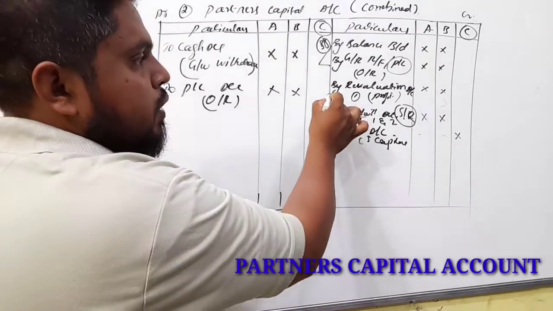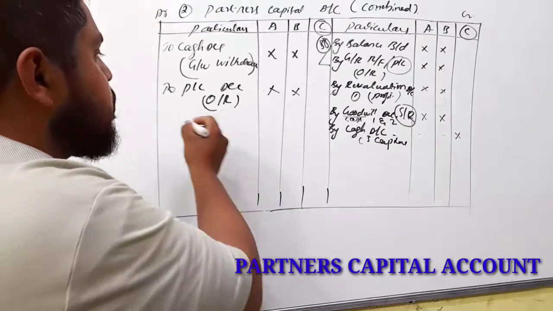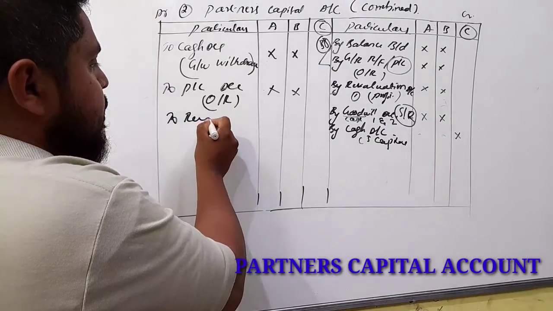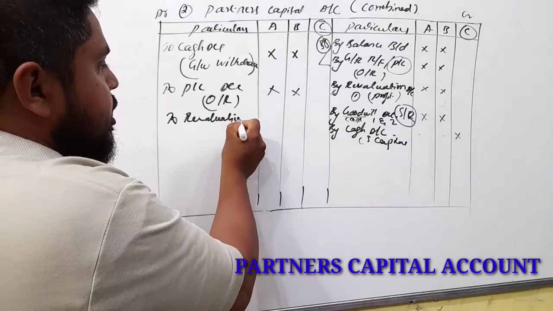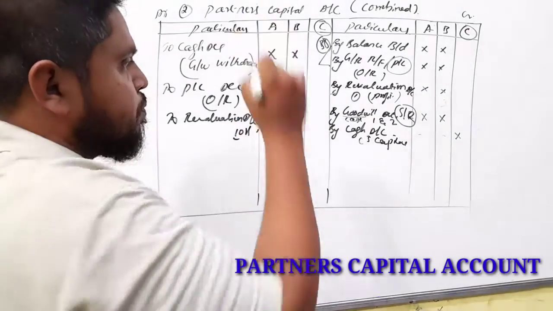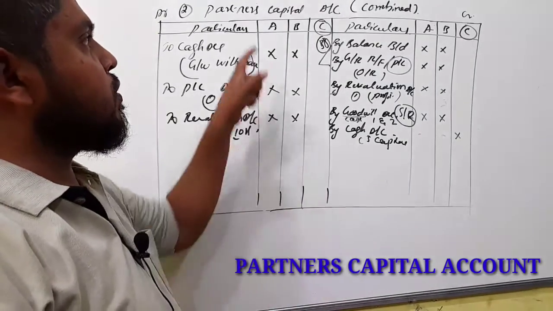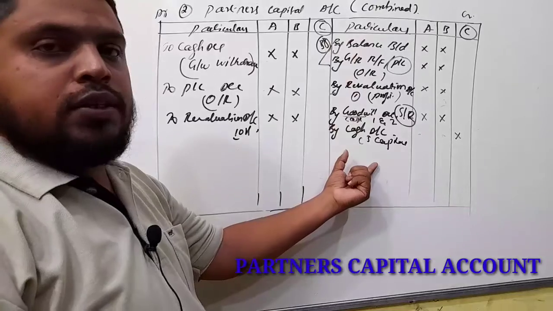Or next, revaluation account, if you get loss, losses should be recorded on the debit side. So these are the entries we are going to pass under a combined partners capital account.